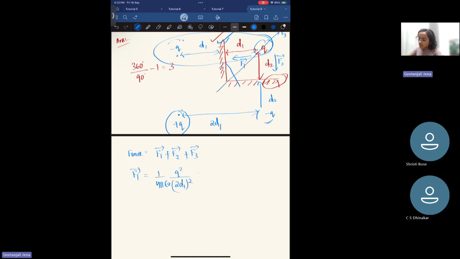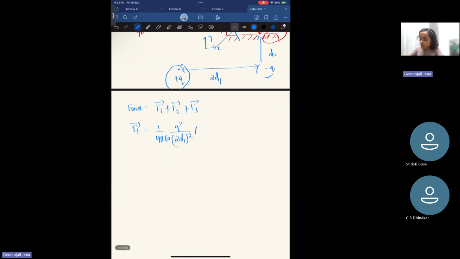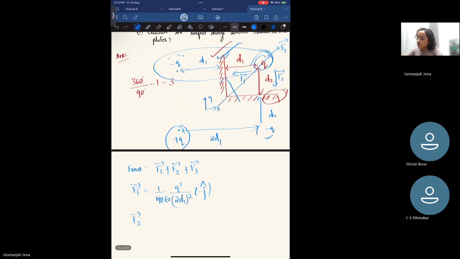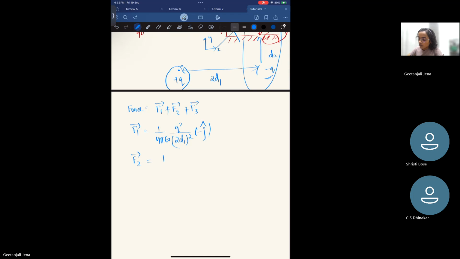Direction is, this is the xy plane, right? So it is minus j cap. Similarly, F2, the force between these two, distance is 2d2: 1 by 4 pi epsilon naught, q square by (2d2) square, minus i cap.